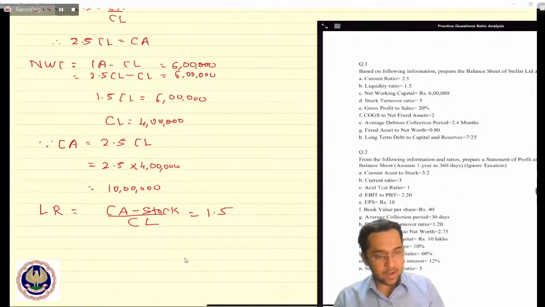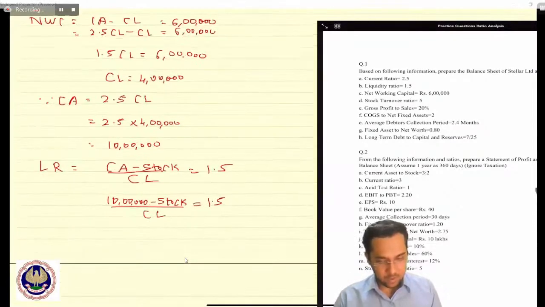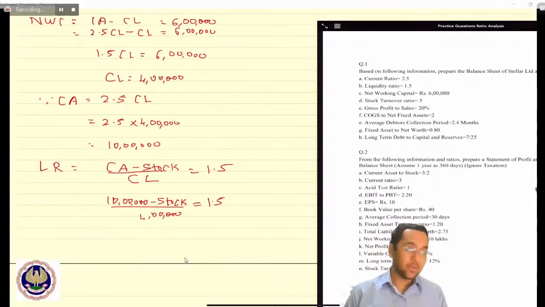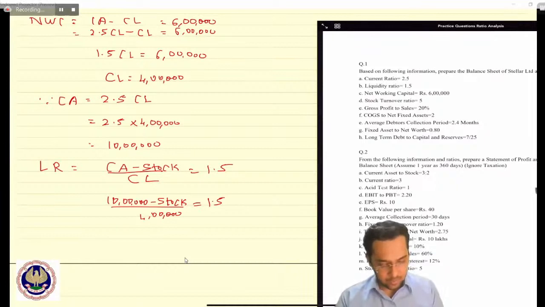We have a current asset figure of 10 lakh minus stock upon current liability is 1.5. We know the current liability is also 4 lakh.